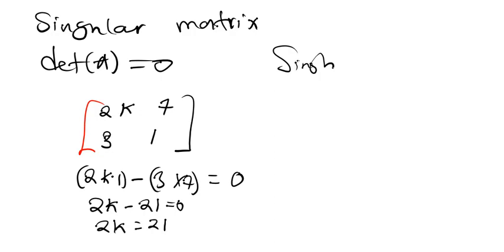Divide both sides by 2, so the value of k is 21 over 2. So basically, when we're talking about a singular matrix, this is what it means. Like I've said, a matrix can only have an inverse if it's not a singular matrix. If it's a singular matrix, it can't have an inverse.